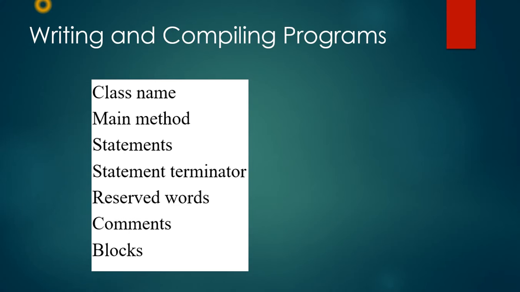And these words cannot be used for any other purpose than their own purpose. For example, the word class is obviously a reserved word because it represents the class. When you type in a class, the program is going to be looking for the name after class. That's why obviously you can't use them.